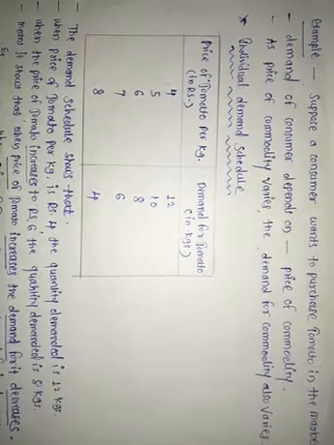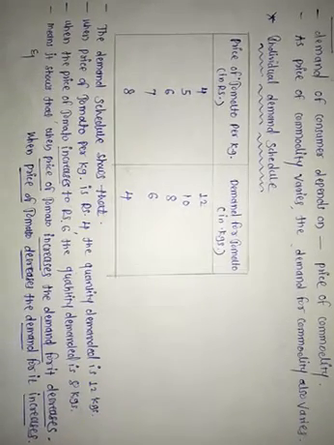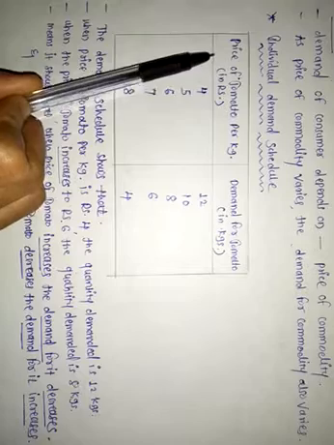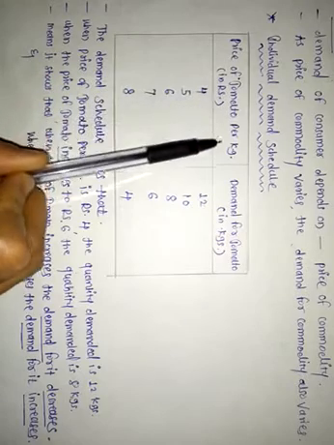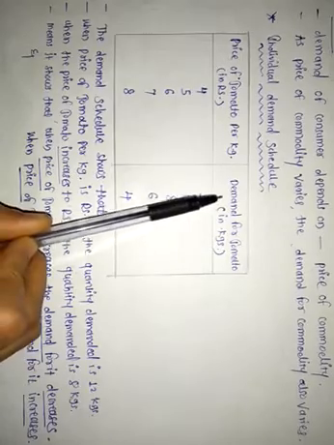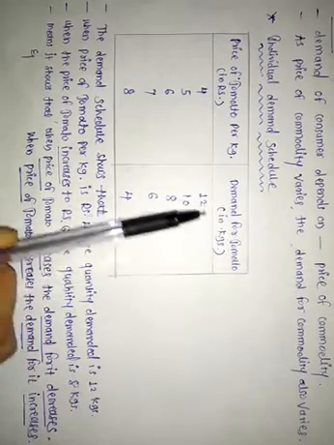We will explain this with the help of the individual demand schedule. See here, the first column of the individual demand schedule shows us the price of tomato per kilogram in rupees, and the second column shows demand for the tomato.